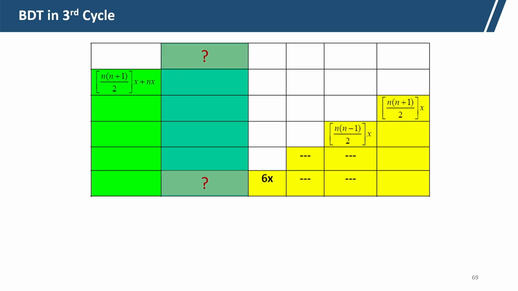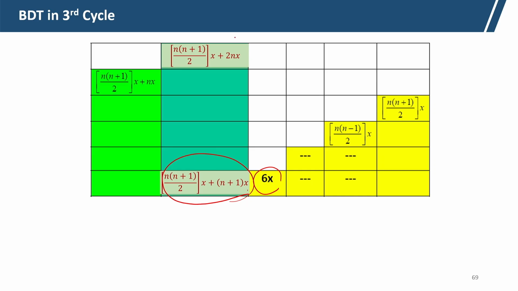Similarly, for the third cycle the same thing will continue. This one is the minimum, this is the maximum, and the ultimate 1x, and this will become after the nth layer. The blending delay time will be this maximum minus minimum.